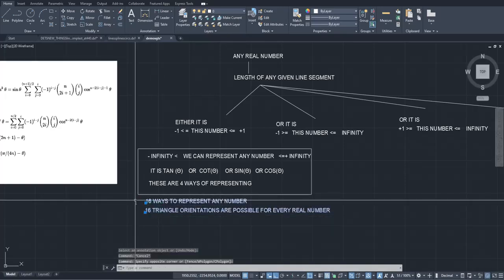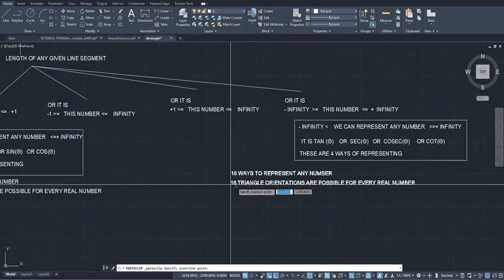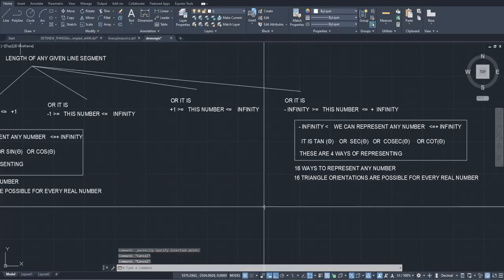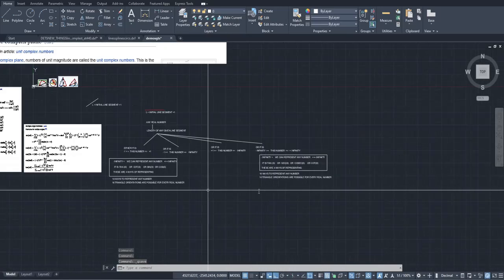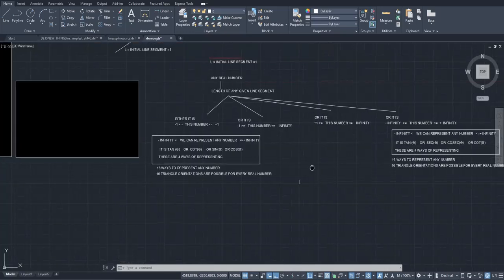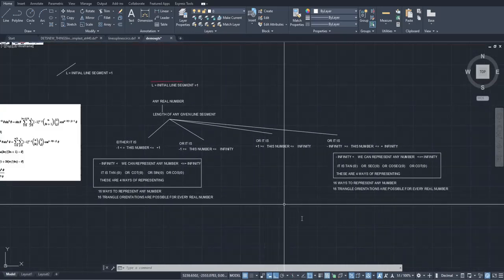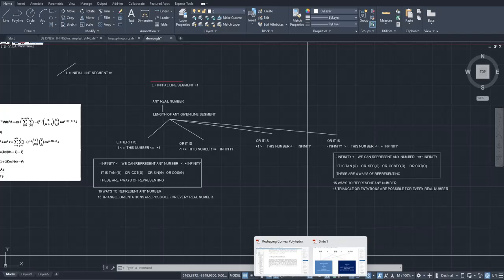And similarly for these cases also, we can think there are 16 different ways to represent any number. Now we will demonstrate how to think about these orientations and these objectives.